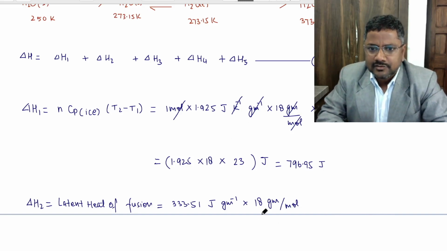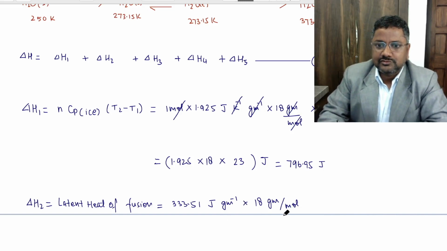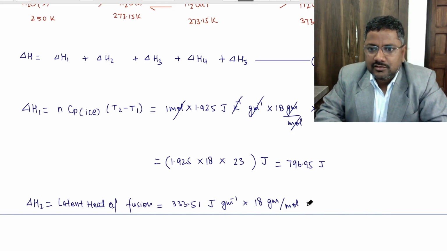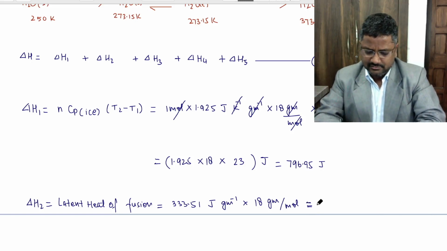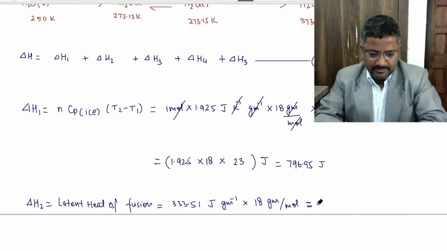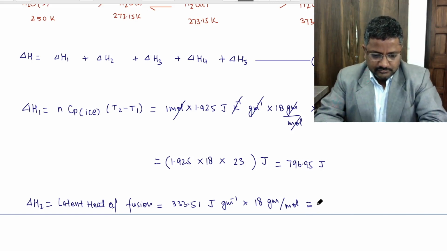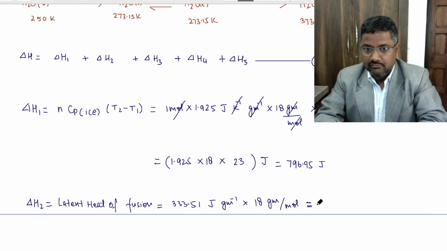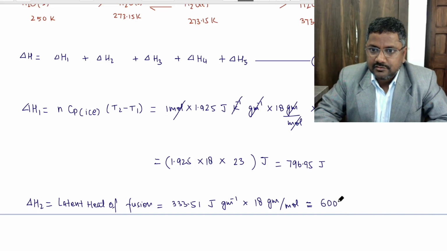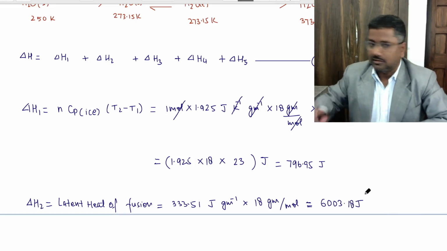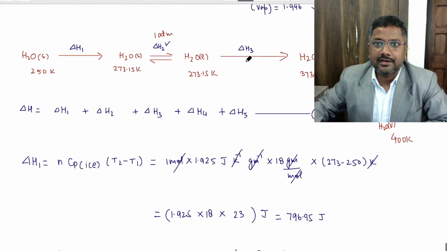So 333.51 multiplied by 18, this is 6003.18 joules.